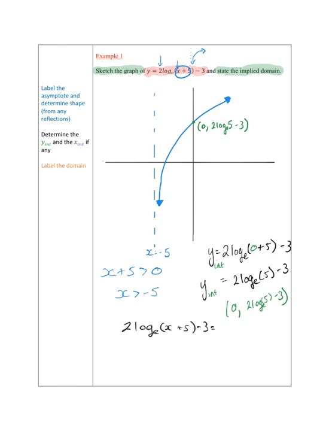What we've actually done is said that the x-intercept is where y equals 0. If I transpose this by adding 3 to both sides, and then dividing both sides by 2, we end up with the case that log e (x plus 5) is equal to 3 divided by 2.